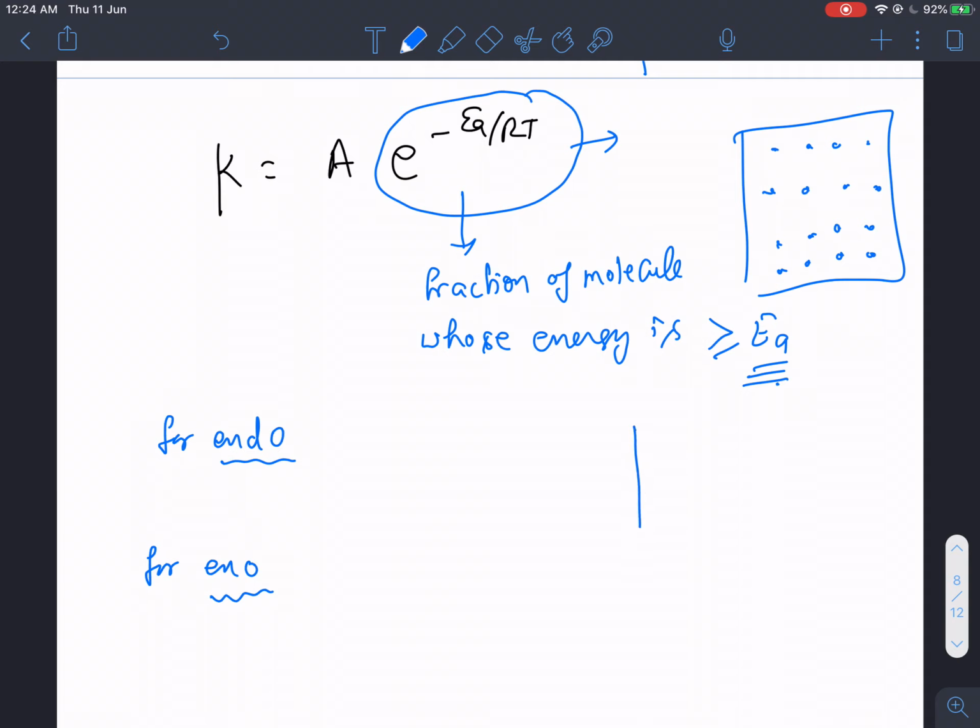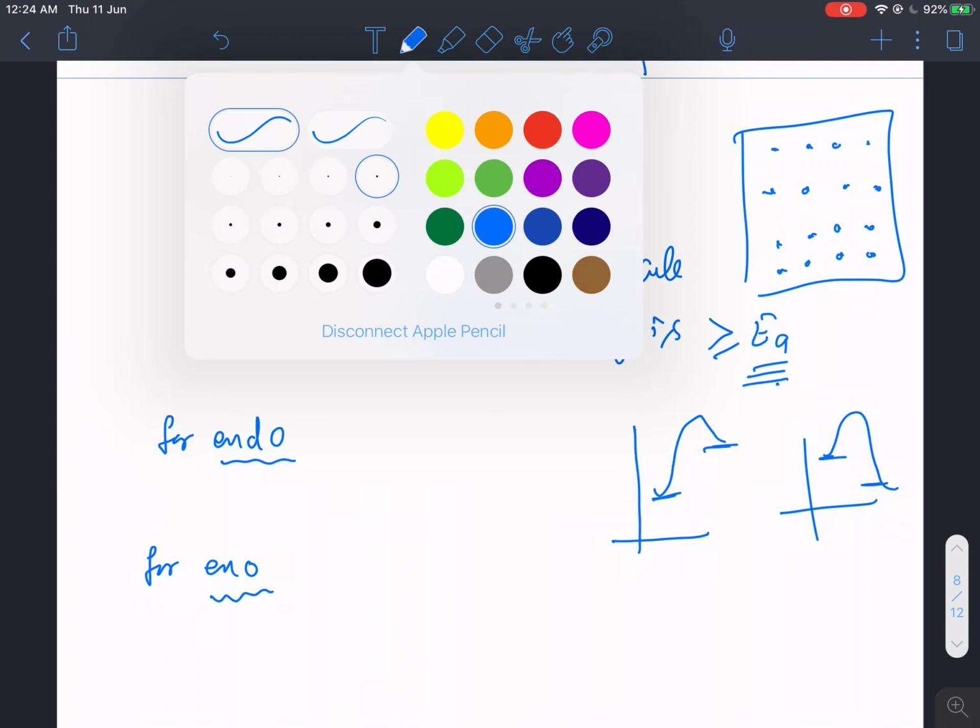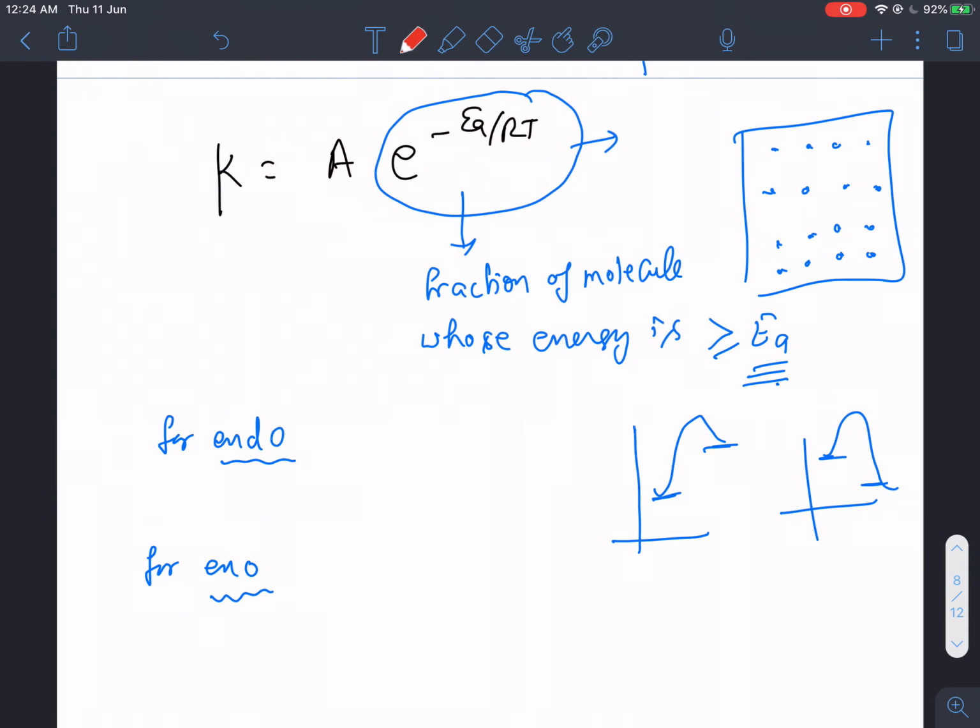You see, whether a reaction is endothermic or exothermic, what do you see about activation energy? Look at this, activation energy is positive. Here also it is positive, guys, because activation energy is the measurement from reactant to the highest energy state, the most activated state, and this energy is always positive, right?